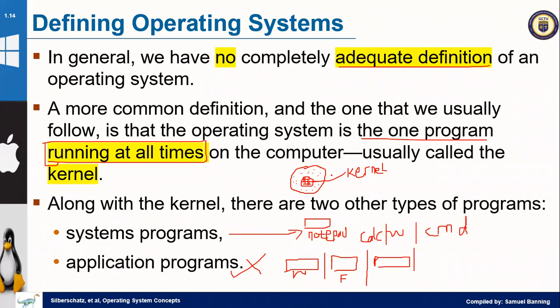Are you with me? Yes, please. Good. So in the same way, if you take an operating system, it can be broken down into two parts. We have the kernel, that is the heartbeat of the operating system. That is the one that actually does the communication with the hardware.